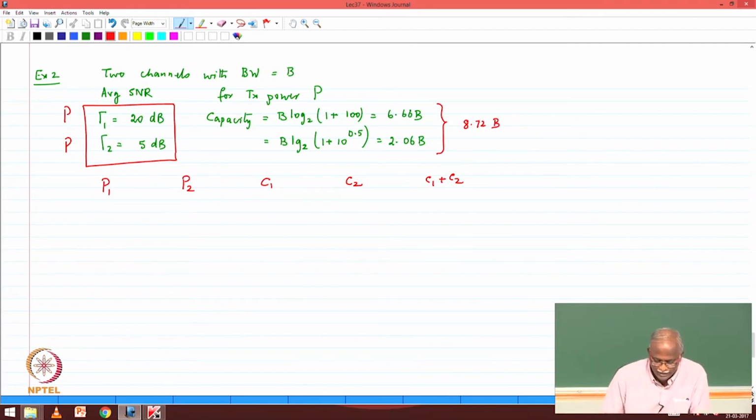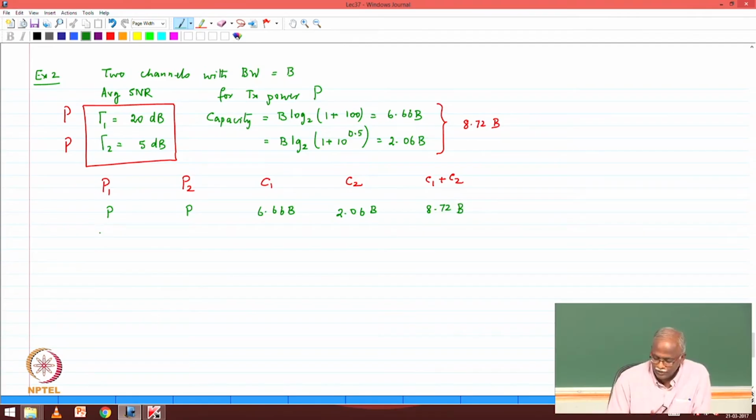So that's the assumption that we are making. Let us see how this plays out in our calculations. So the first line is if I give P and P, channel 1 gives me 6.66B, channel 2 gives 2.06B, and 8.72B is the capacity. That's the previous one.